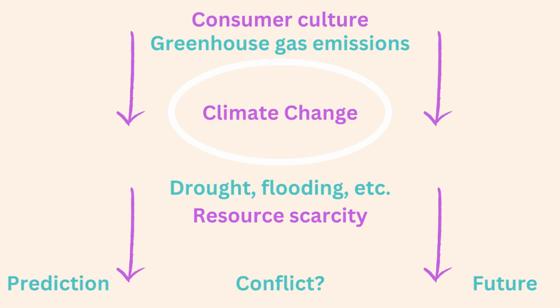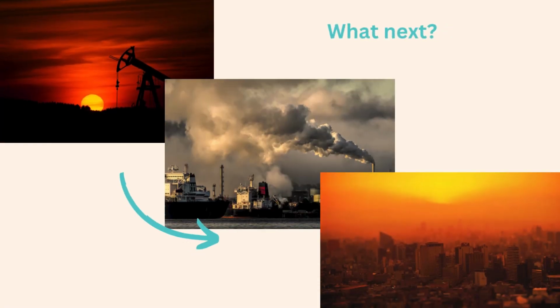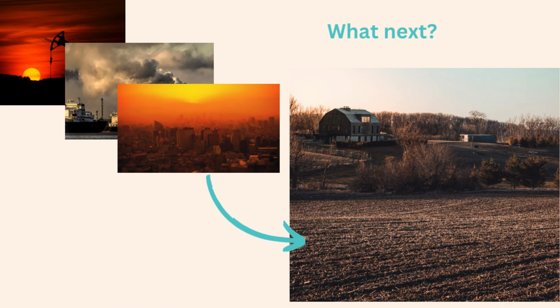Remote causes can also be drawn out or predicted for the future. If we can draw evidence, possibly from historical precedent, and explain the process of our predictions in detail, we can make compelling predictions. Let's imagine we want to predict future effects of climate change. We might begin by examining the typical damaging effects of extreme weather on resource production.